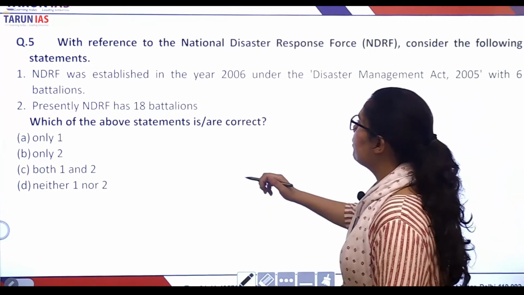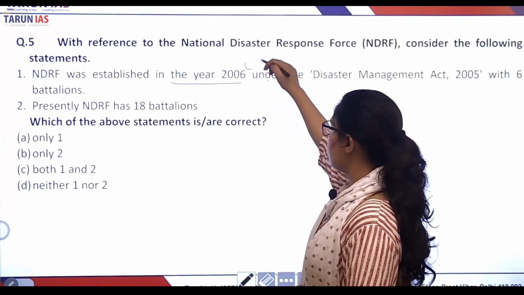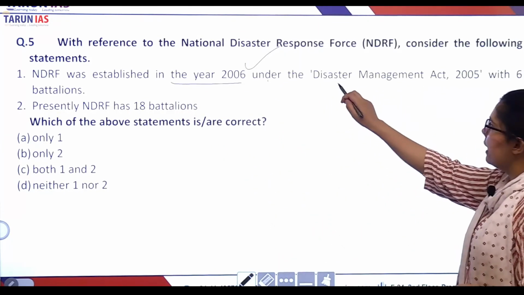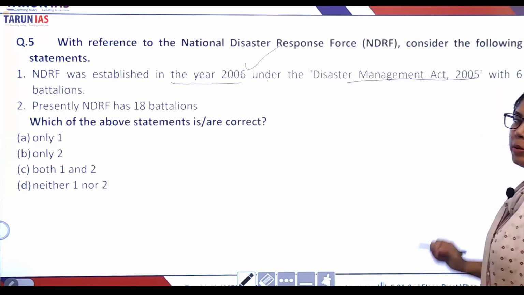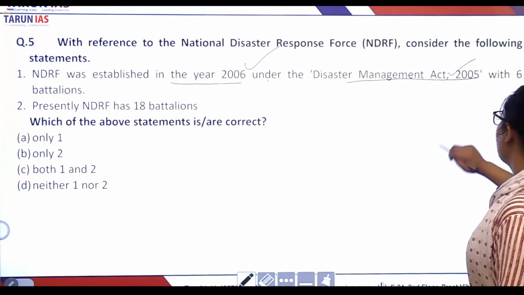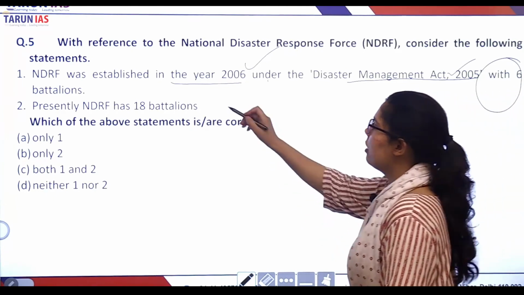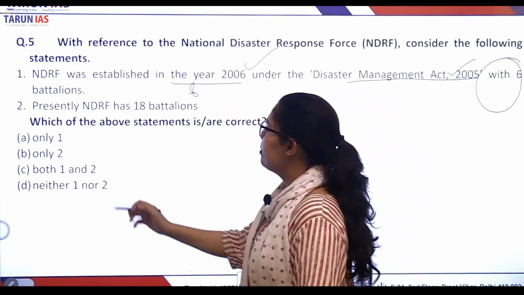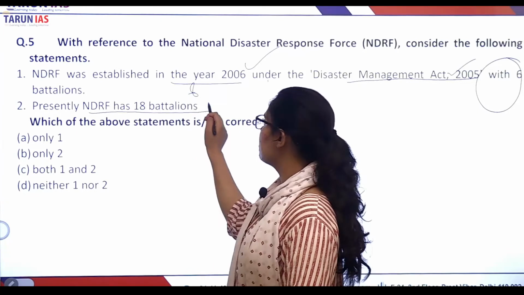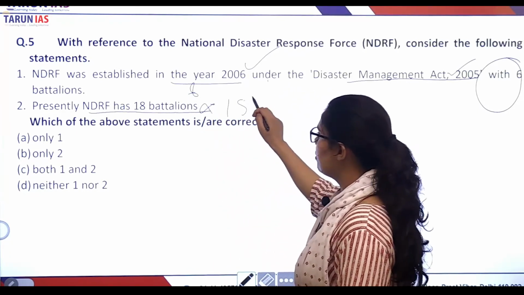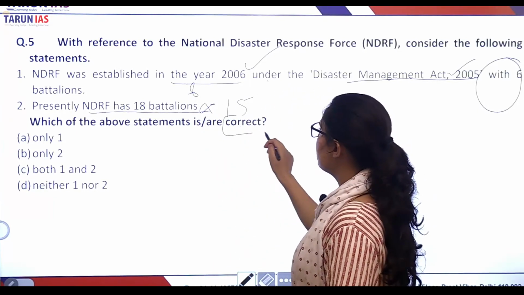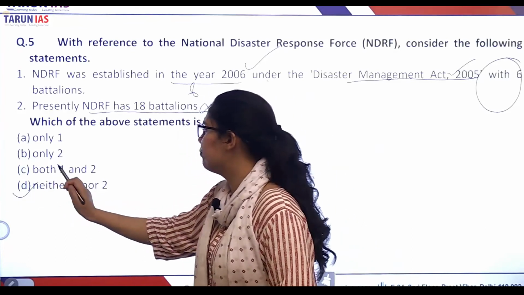Now, NDRF was established in the year 2006, fine. It was indeed established under the Disaster Management Act of 2005, correct. But it was not established with 6 battalions. It was established with 8 battalions. Presently, NDRF has 18 battalions, incorrect. It has 15 battalions. So, which of these statements is correct? Neither one nor two.